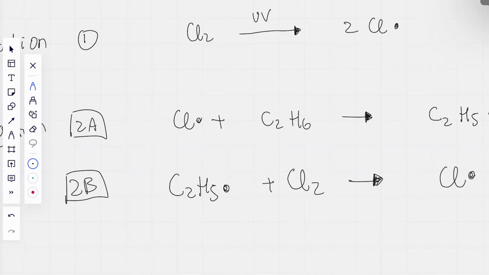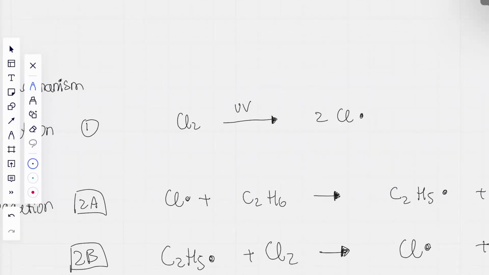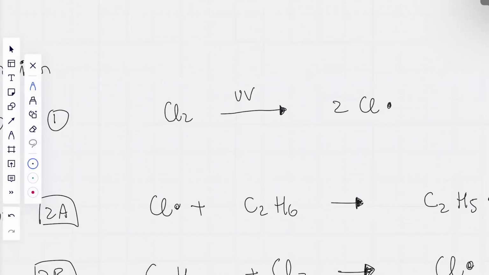Now, back to this initiation. If you have 1 million Cl2 and you shoot UV light, how many Cl radicals are you going to produce? 2 million? No. It must be some lucky photon that gets in between the two Cl, so very little. The radicals are just a small number.